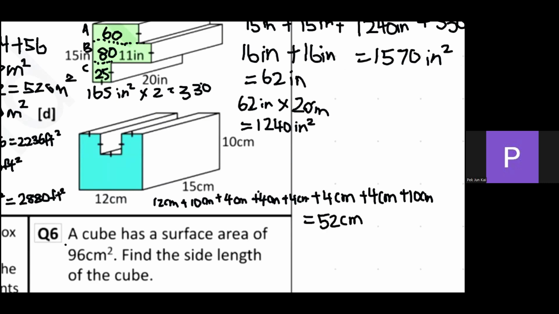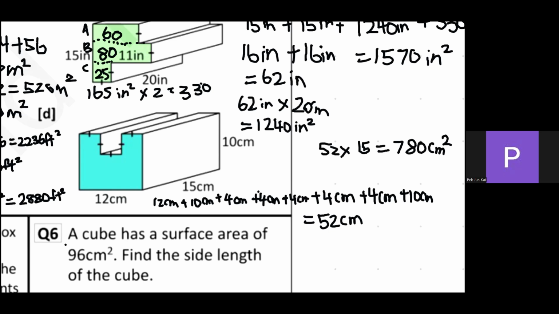So we take the perimeter of the cross section and multiply it by the length of the prism. We would get 780 centimeters square.